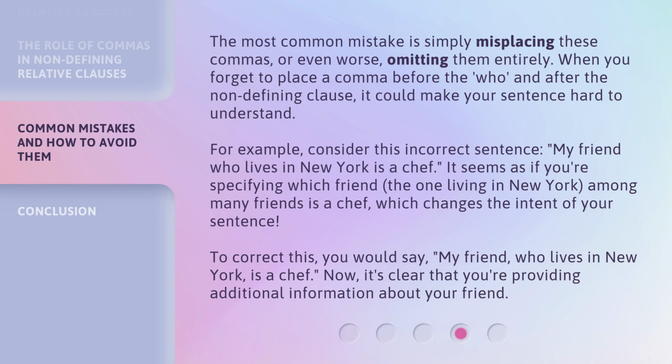It seems as if you're specifying which friend, the one living in New York, among many friends, is a chef, which changes the intent of your sentence. To correct this, you would say, my friend, who lives in New York, is a chef. Now, it's clear that you're providing additional information about your friend.